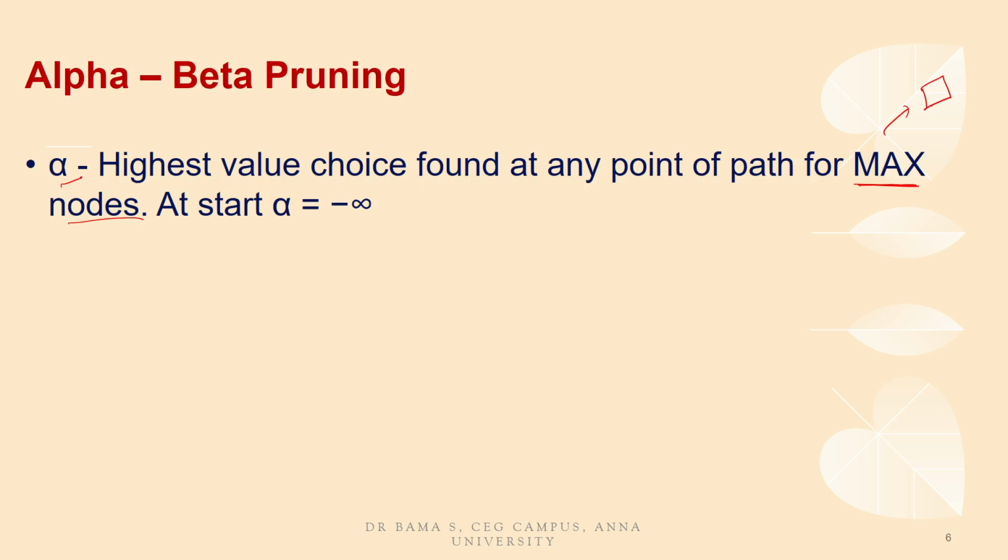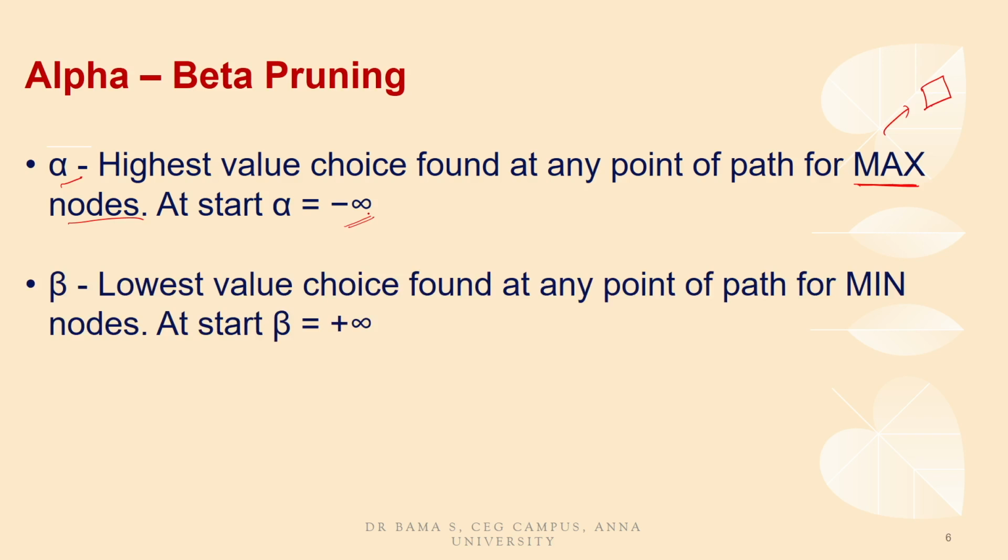At the initial point, alpha is -infinity. Beta is going to be the lowest value choice and is associated with the min node, which in the last example we represented as a circle. At start, beta is +infinity. Initially alpha is -infinity and beta is +infinity.